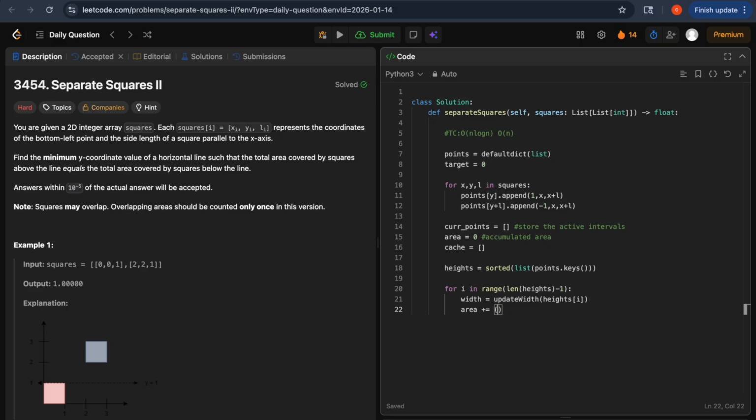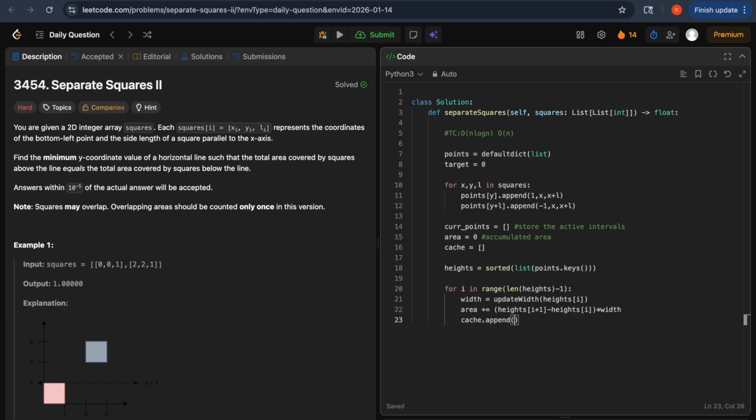Because using the difference of two bands, you will be getting that rectangle's height, right? So it should be heights of i plus 1 minus heights of i, and this should be multiplied with the width which we are finding with the help of the function, right? So now we have to cache this.